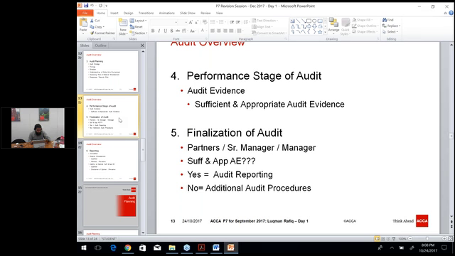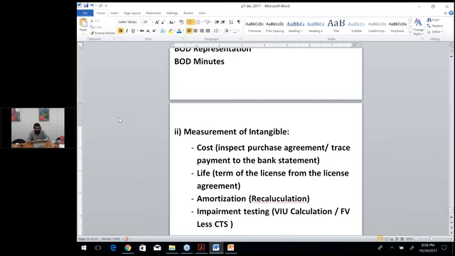You try to gather the audit procedure. Sufficient and appropriate audit evidence needs to be obtained, so you try to do that. Now number 5 is finalization of the audit. So now the next area of the syllabus is the finalization stage of the audit. I'm going to discuss what exactly happens at the finalization stage of the audit.